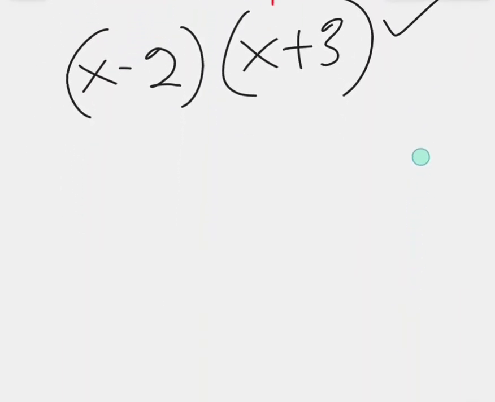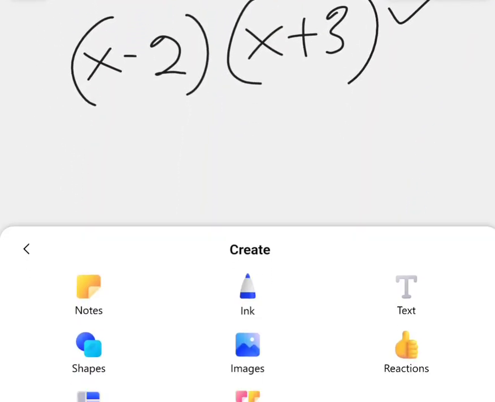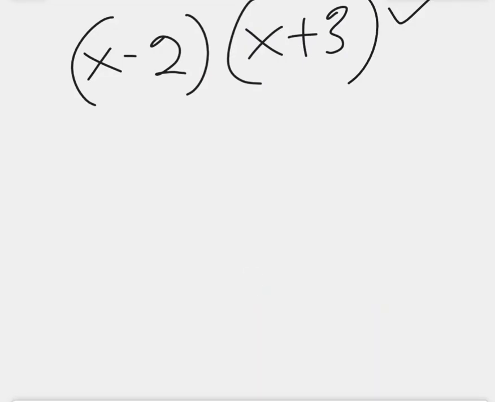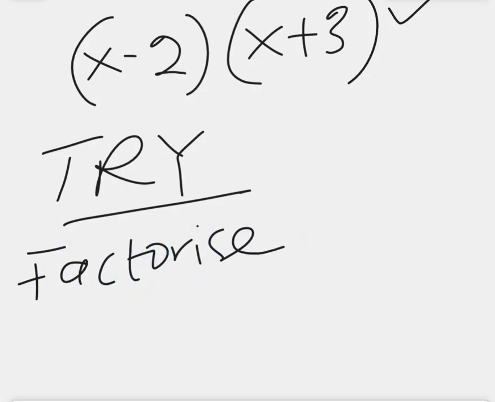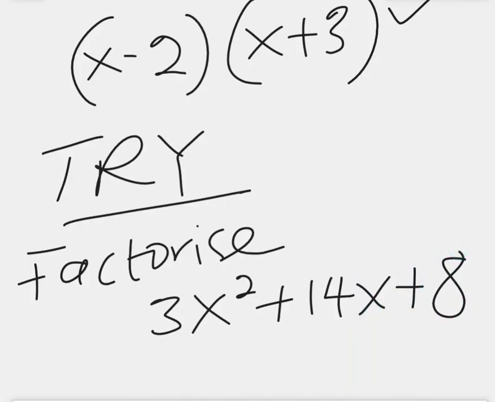Now the third one is going to be a try question, which I want you to try and put your solution in the comment section. So the try question is: factorize 3x squared plus 14x plus 8.